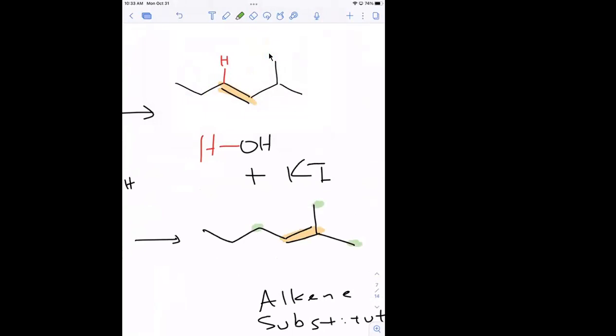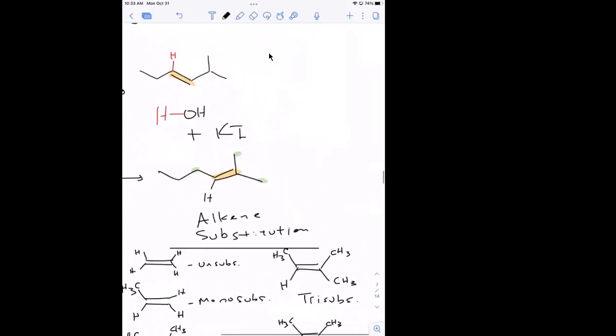You can think about it that way, or you can think about the fact that you have one hydrogen attached. Either way is logical. If you got one hydrogen, then it's logical that there are three other things that occupy the other positions. But we got three carbons. So what's the substitution pattern? Trisubstituted.